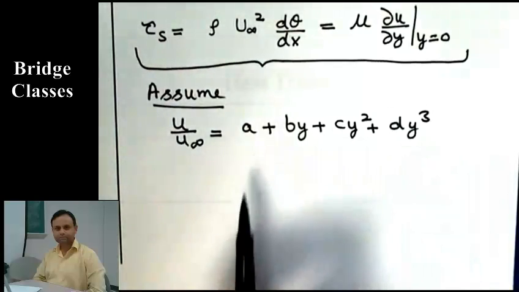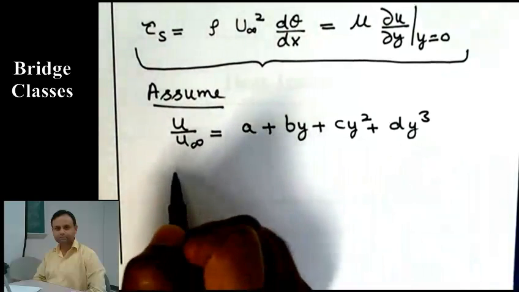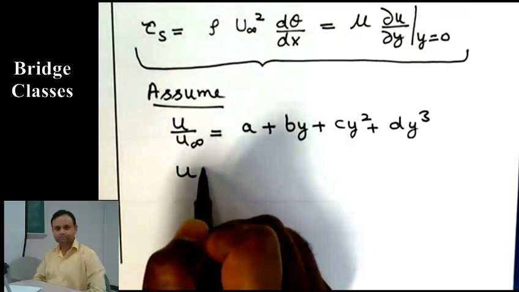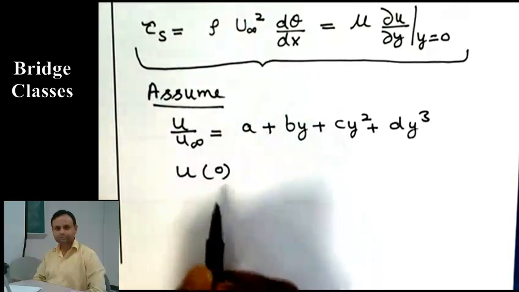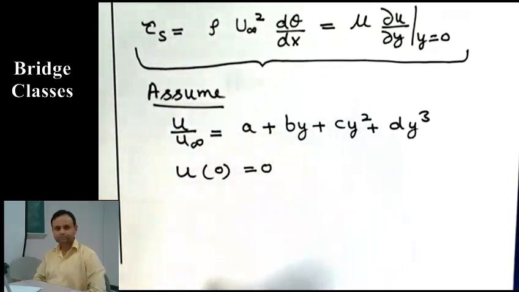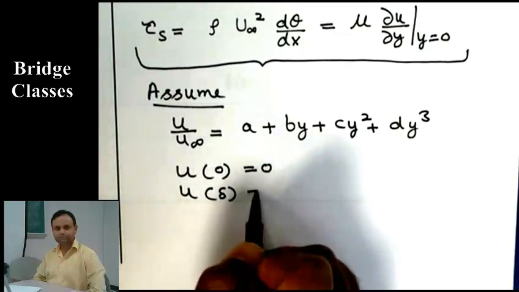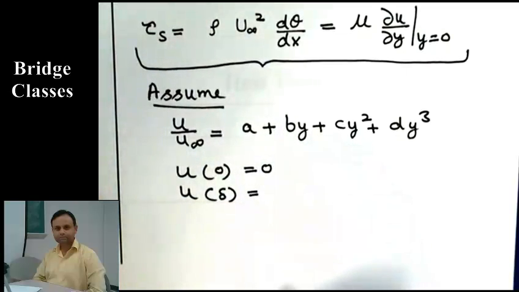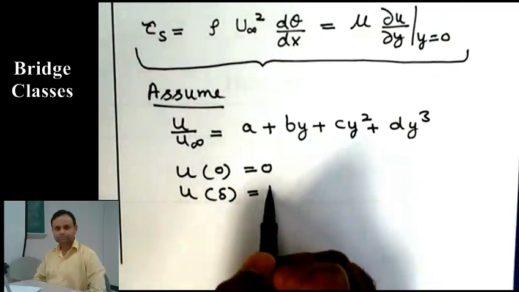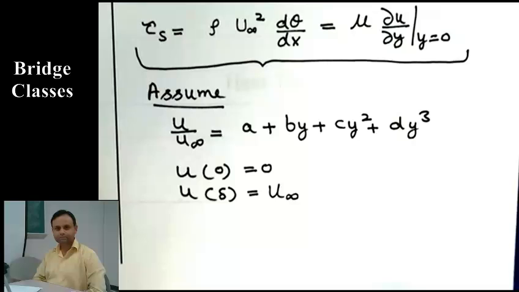And see what conditions u has to satisfy. u is a function of y. u at y equals 0 is 0 at the wall. u at y equals delta will be u infinity.